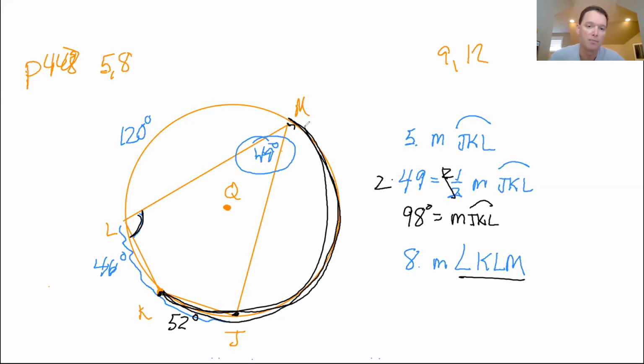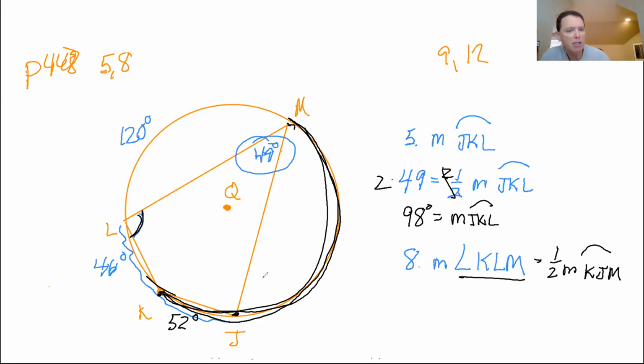KLM cuts off that arc right there. And I know that this is 1/2 of the measure of arc KJM. And I'm putting the J in there because I don't really know if this is more than half the way around or not. So I'm just going to put it in there. It looks like it could be almost just a half circle.